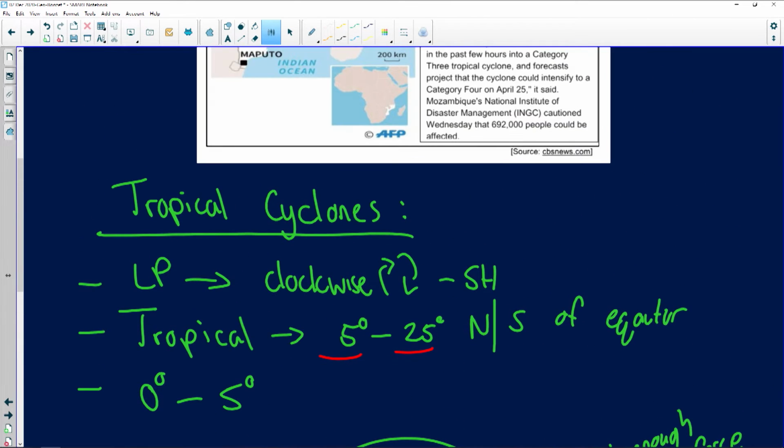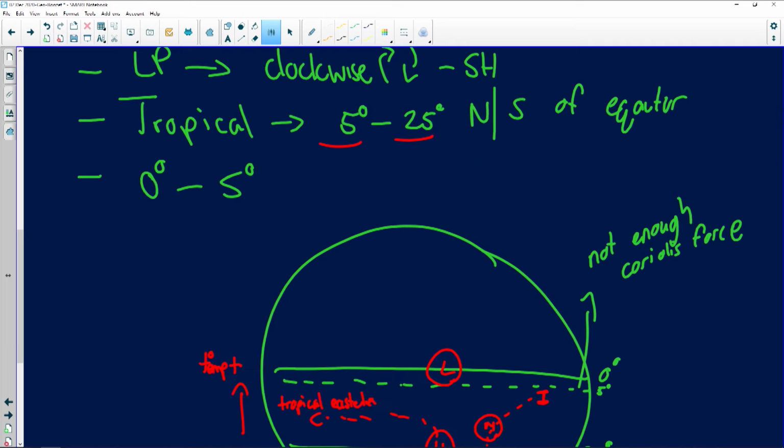Now, these tropical conditions consist of very important ocean temperatures above 27 degrees Celsius, high humidity. Okay, high humidity means lots of water vapor.